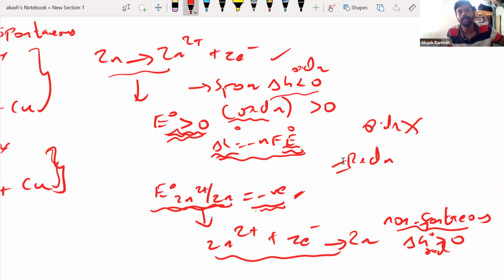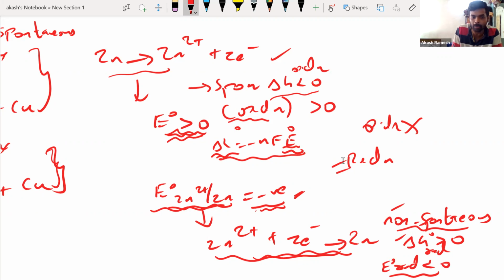Obviously, if the forward reaction is spontaneous, the backward reaction is non-spontaneous. So now we take this reduction reaction. I know it is non-spontaneous. Obviously, delta G will be greater than 0. So obviously, the E naught reduction will be less than 0. I hope it all makes sense, right?